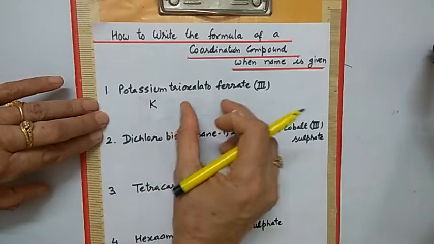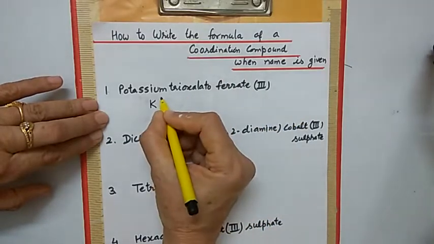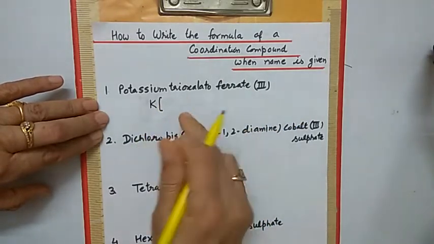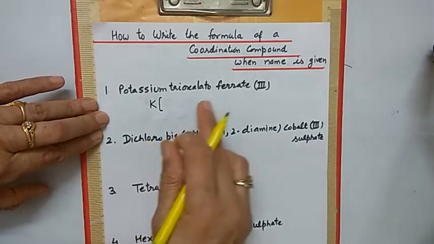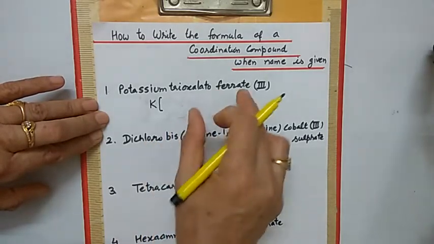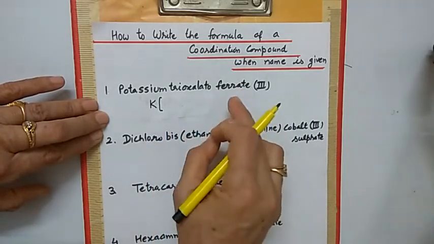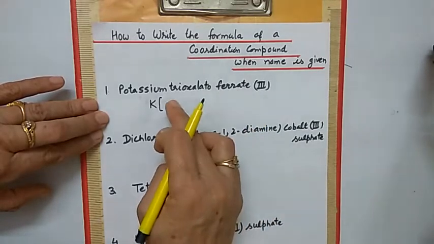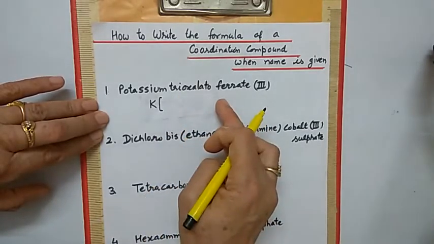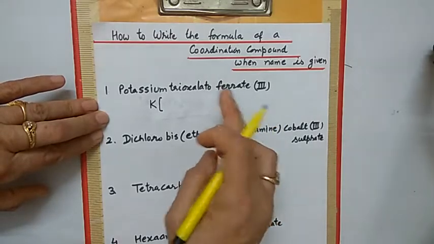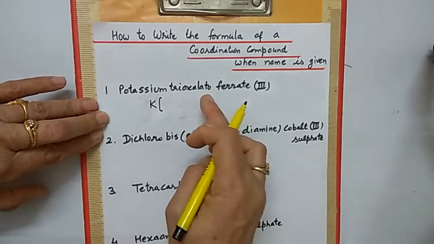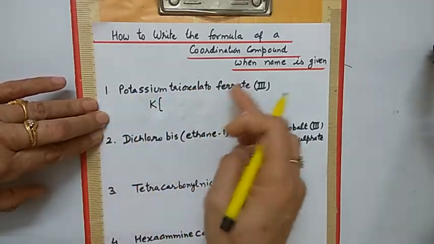Now we start with the complex ion, put the bracket. One more important thing: while writing the formula of a complex ion, we write the metal atom first, then the ligands. It is the reverse of when we were writing the name, where we write the ligand first, then the metal atom.